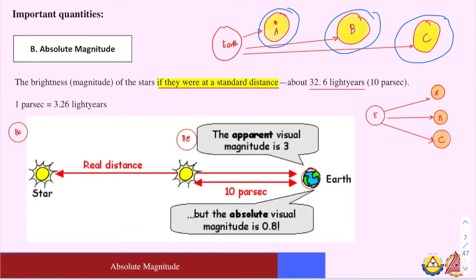So if we are trying to quantify the brightness, because magnitude is just associated with the brightness of your star, and you want the absolute magnitude, what we are doing here, class, is simply simulating the distance of the star. How would they appear to us, or how would their brightness appear if they were at a standard distance of 32.6 light years?